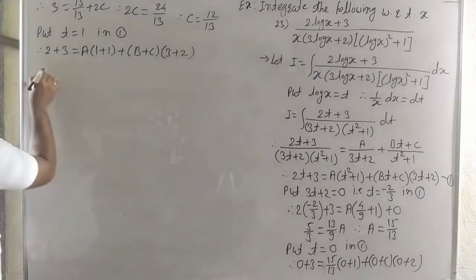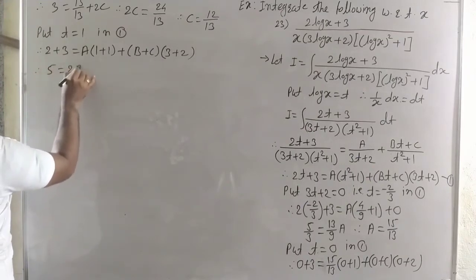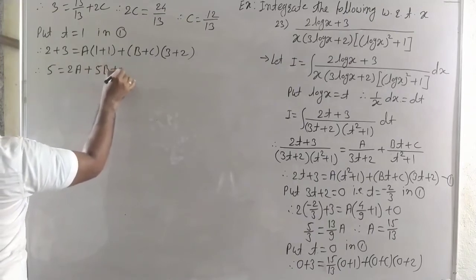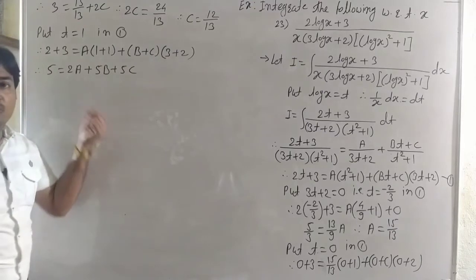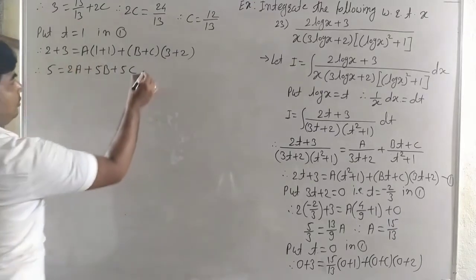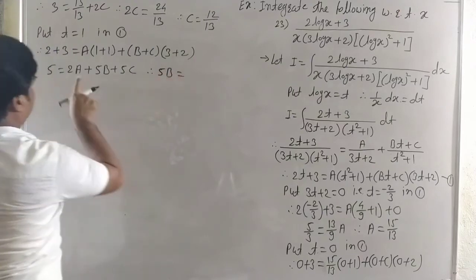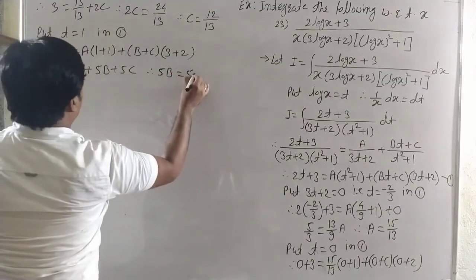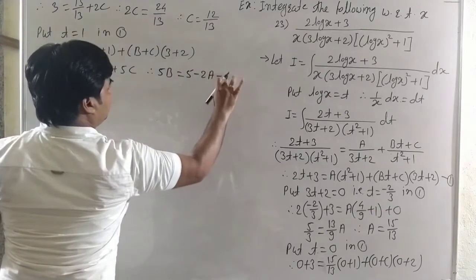Here we get 5 is equal to 2a plus 5b plus 5c. We want to find the value of b, therefore 5b is equal to 5 minus 2a minus 5c.